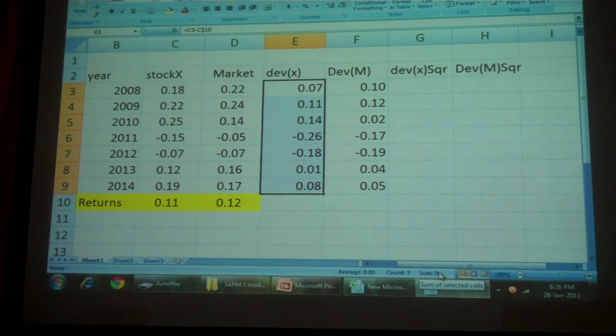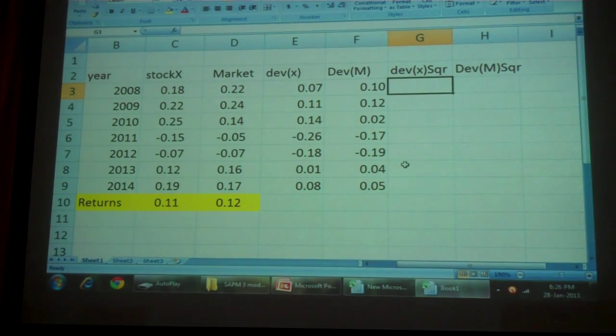Sum is how much? 0. That means these numbers are literally useless for me. So I will square it. I have discussed all these things in my statistics class, right? So let us not lose time on that. So E3 into E3. In the same way, F3 into F3.